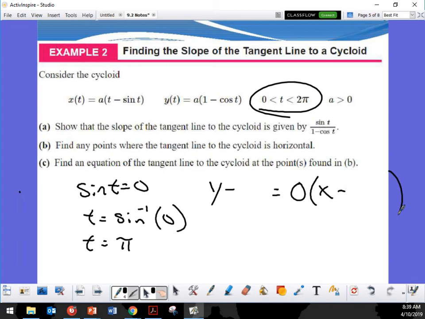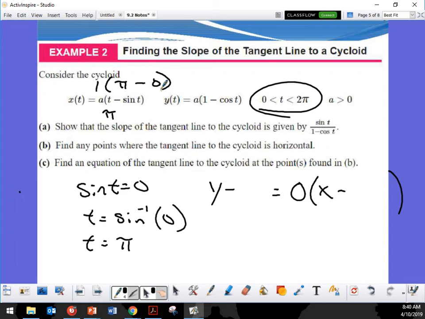So I need to plug pi into my original functions, right? Okay, so this is the derivative, so I don't want to plug it in there. I have to plug it into the original. And we know that a is 1. So sine at pi is 0. So x is going to be 1 times the quantity pi minus sine at pi, which is 0.